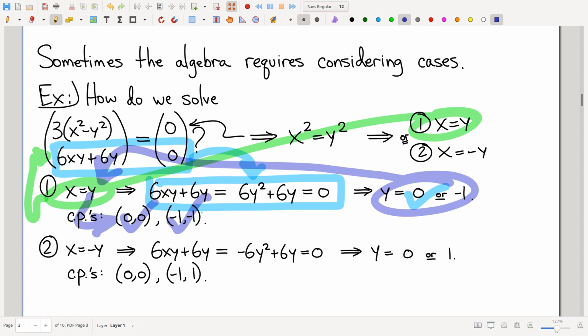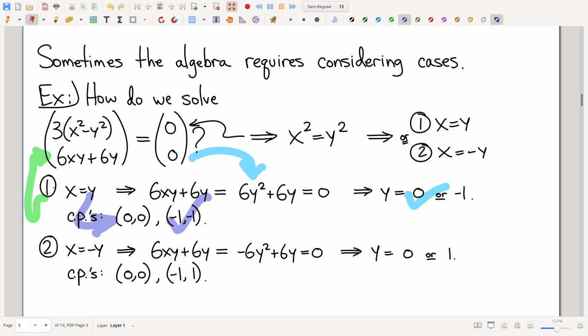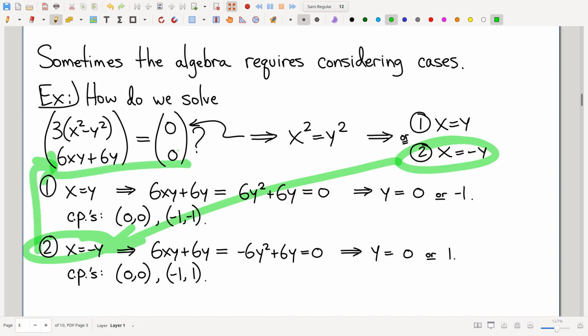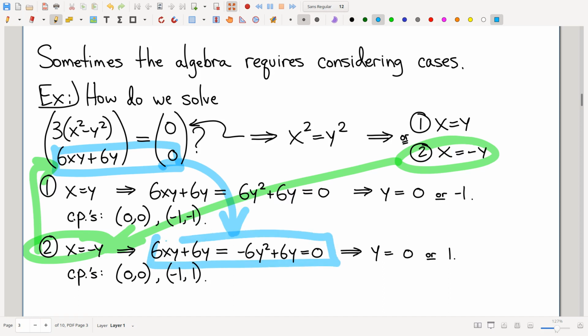Okay, now, of course, that's just one of the two cases. You can't just do the one. You also have to consider the second case. The second case is x equals negative y. That's a completely different assumption that we're taking as we do the rest of the algebra. When you plug that into this second equation, it makes this second equation turn into something very different.